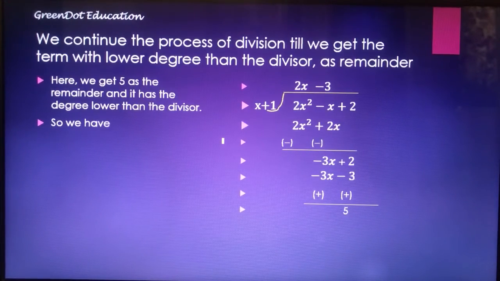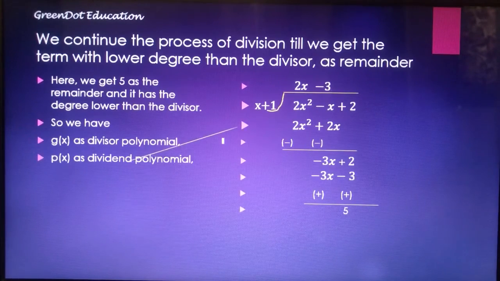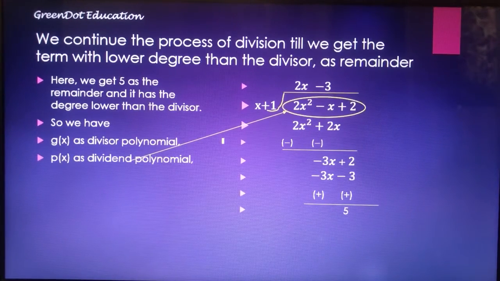Now we have got some terms at the end of this process. So let's understand about these terms and the relationship between them. First of all, we have g(x). g(x) is nothing but the divisor polynomial, that is represented by x plus 1 here. If we represent the dividend polynomial by p(x), then p(x) will be the dividend polynomial, that is 2x squared minus x plus 2.